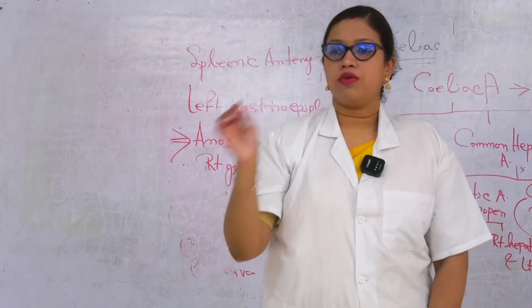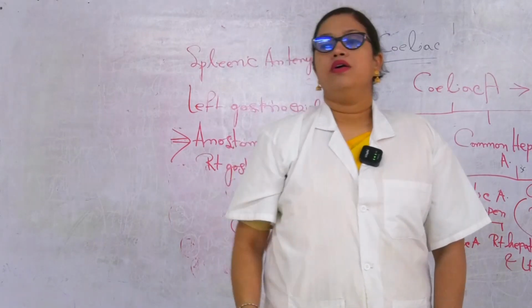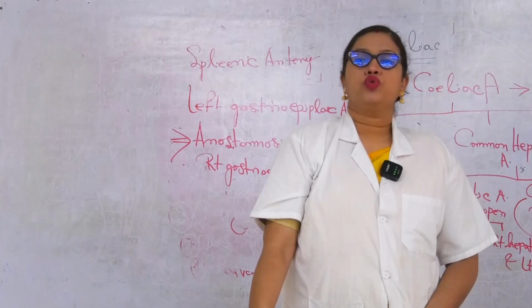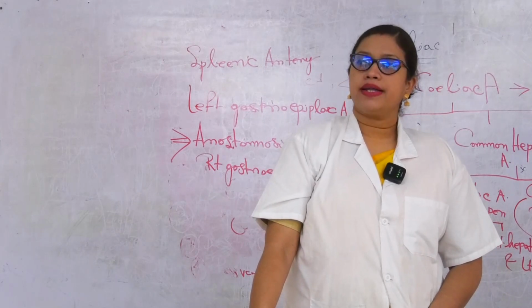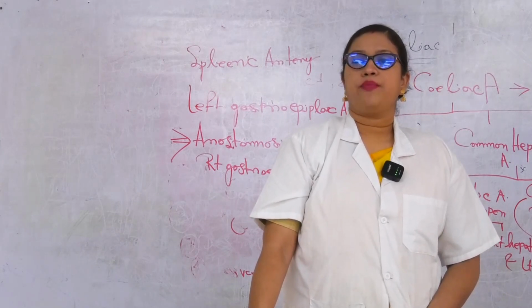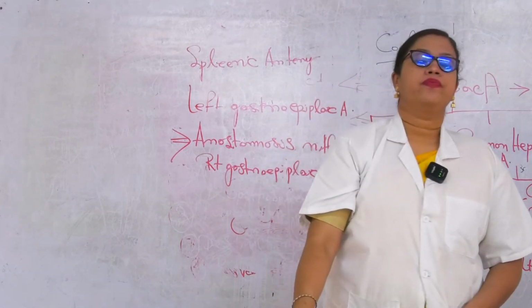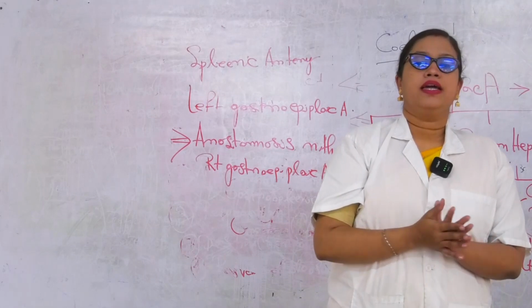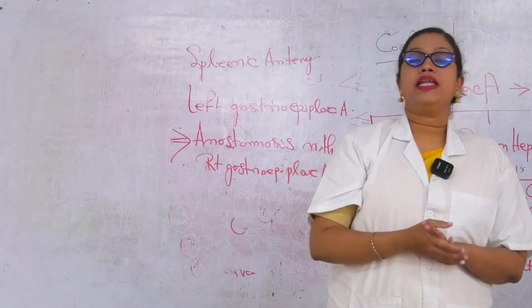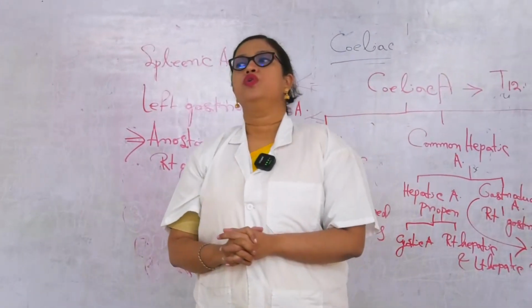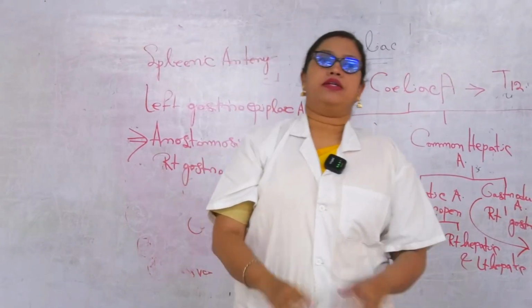Understood? So write it down. Superior pancreaticoduodenal artery, in bracket you write celiac trunk, okay, and inferior pancreaticoduodenal artery, which is coming from the superior mesenteric artery.